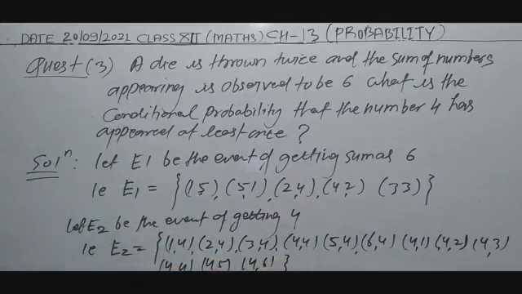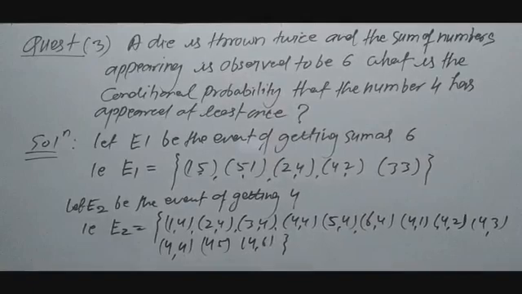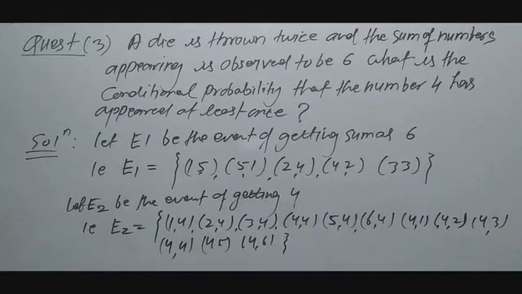There are 12 events. We have considered E1 and E2.